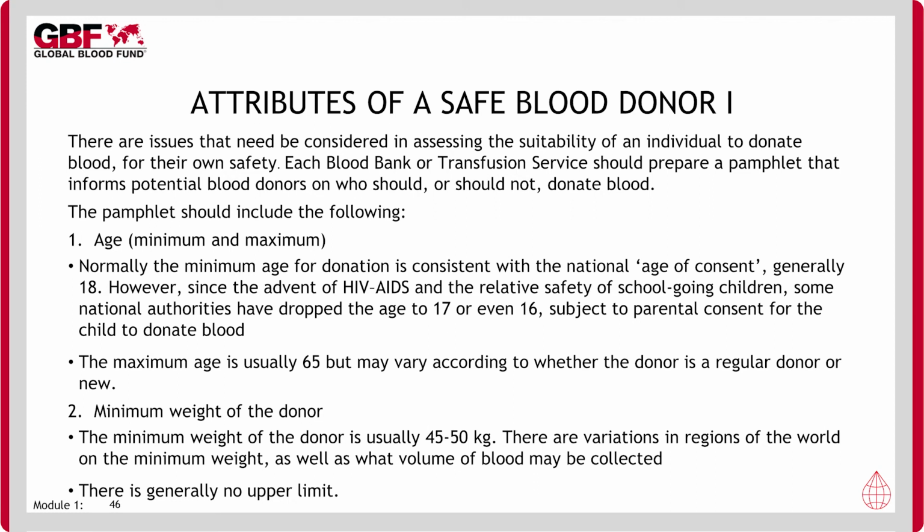In some parts of Asia, for example, only 350 milliliters of blood are collected per donation. Yet, in most countries of the world, around 450 milliliters is the standard volume collected for a regular donation. Discussion here and in the following slides is necessarily general. Please familiarize yourself with the criteria used in your own country.